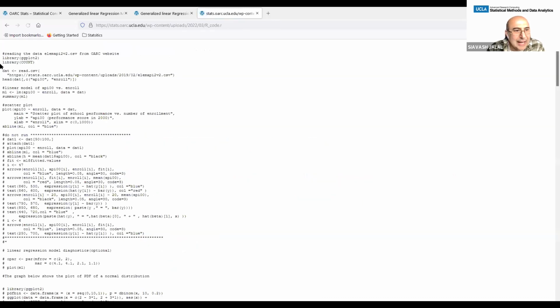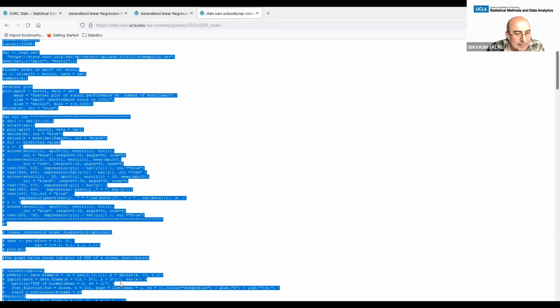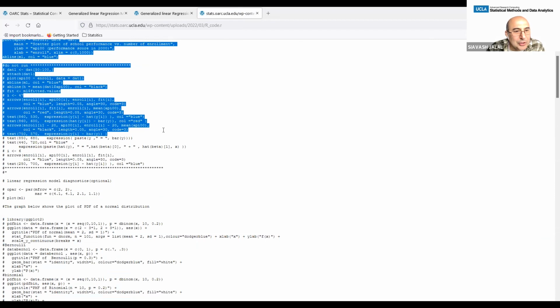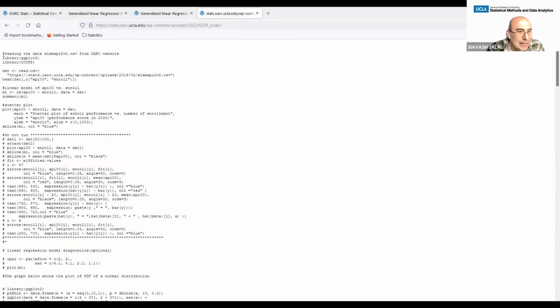If you click on that, it's a text file. So you can copy paste it into R, or you can right click and download it to your computer. Some of the code here is only to get the plots that are used in the workshop, so it's not very related and you don't have to run it.